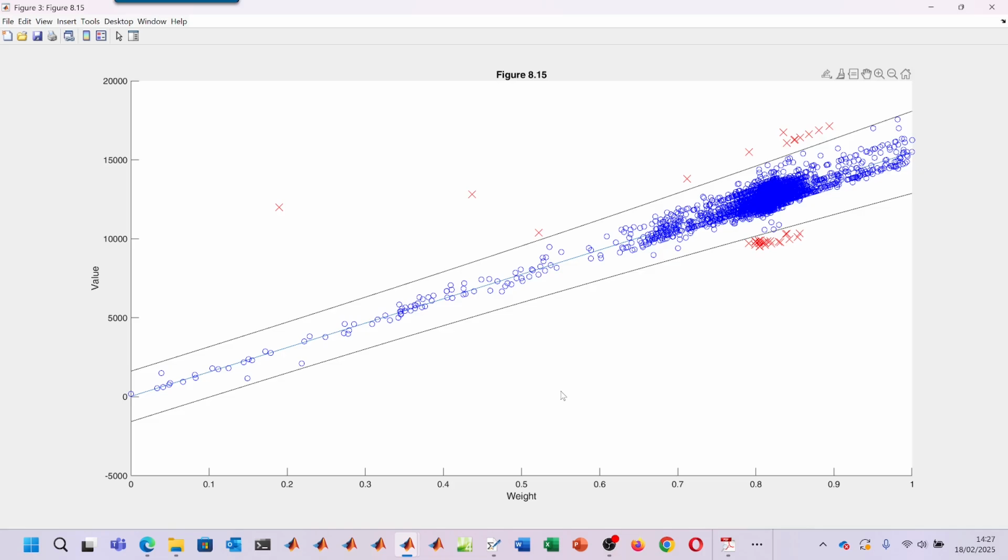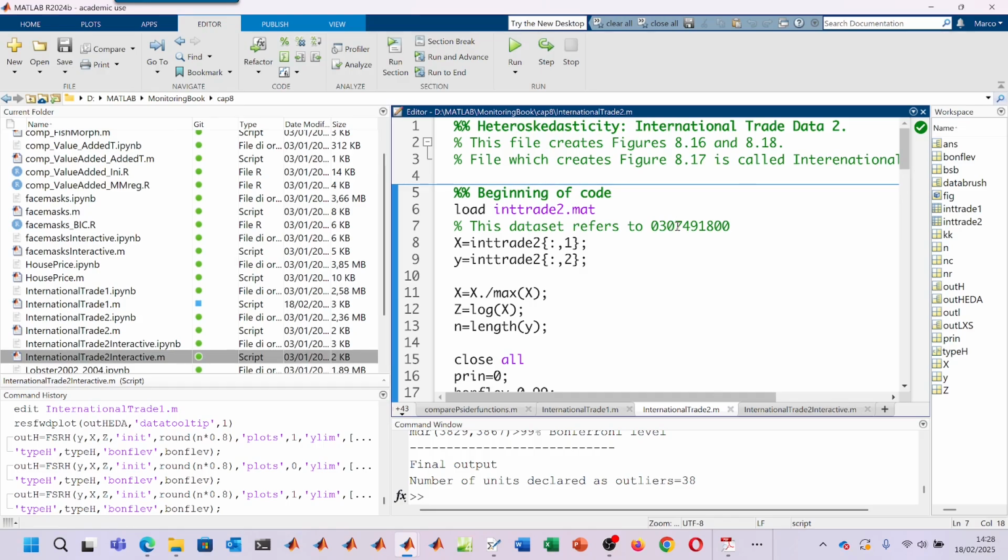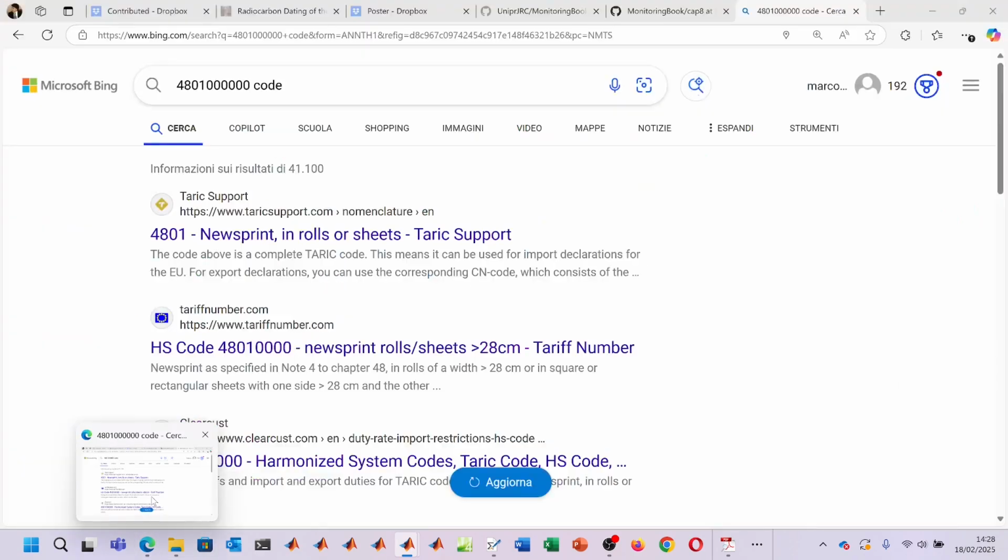So the forward search and these bands provide a clear dichotomic classification of the data into acceptable main units and outliers.